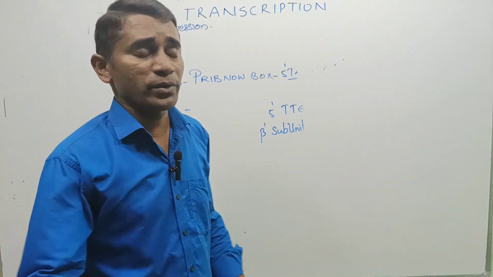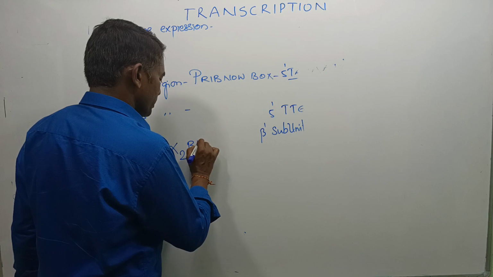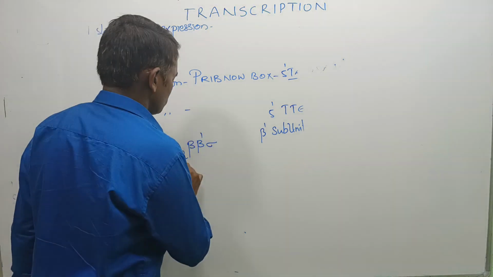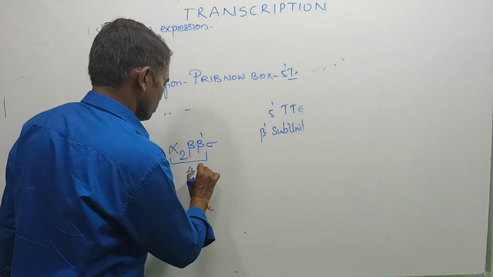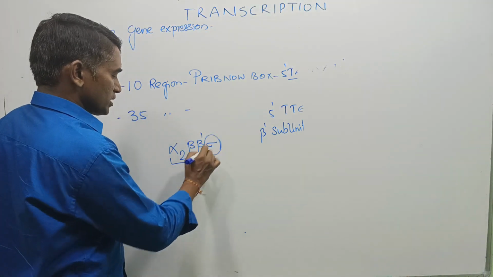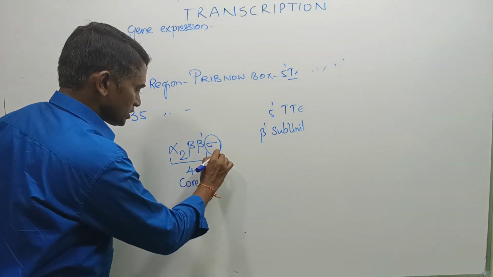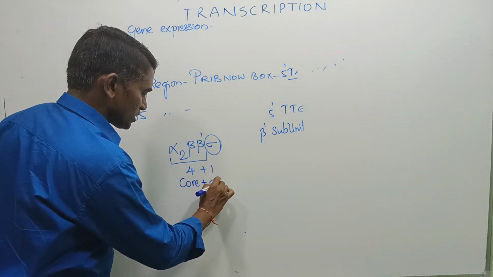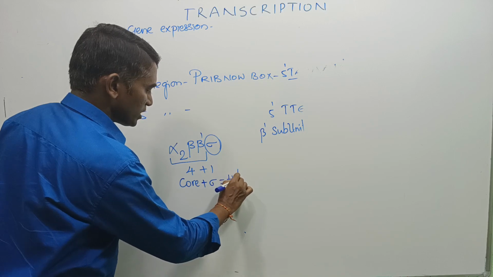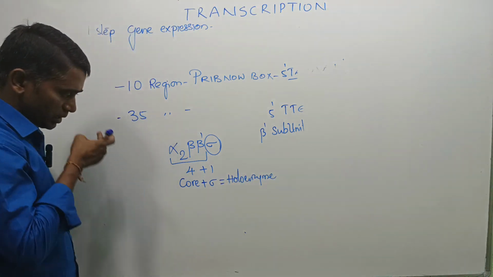In the case of prokaryotic organisms, RNA polymerase has alpha, beta, beta prime, and sigma subunits. So 4 plus 1. These subunits without the sigma factor are called the core enzyme. When it is included with the sigma factor, it is called the holoenzyme.